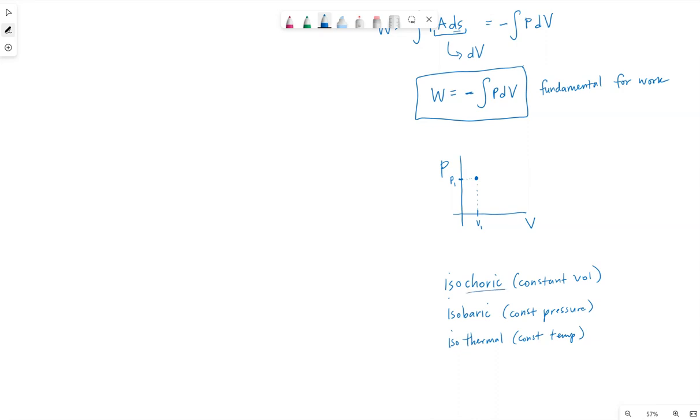Isochoric is always a vertical line. So for example, if we started at this P1V1 and let pressure decrease, but maintain the volume, it would be a vertical line pointing downwards. We could have a pressure P1 and increase the pressure.